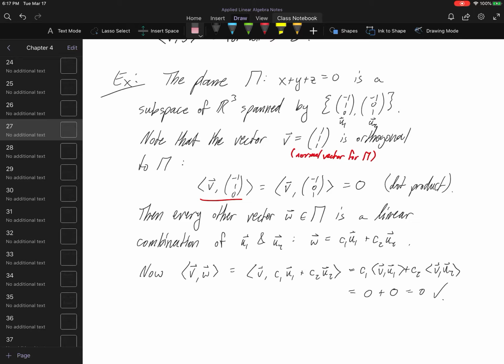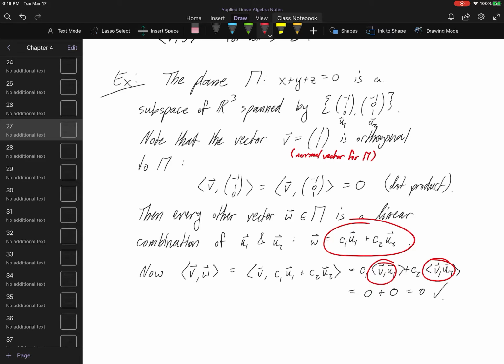That's still going to get me a 0. So this vector V is orthogonal to both elements of the basis for the plane. And since every element in the plane can be described as a linear combination of the basis vectors, and I just erased them, right? Any element in the plane can be written as a linear combination of those two vectors.